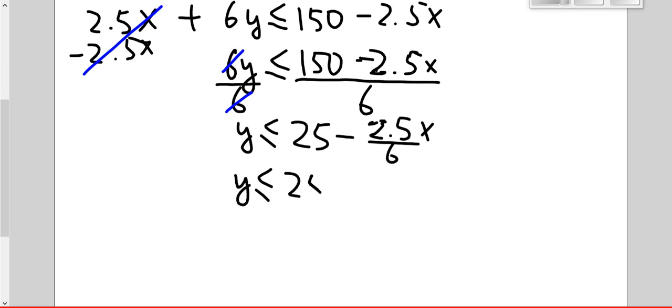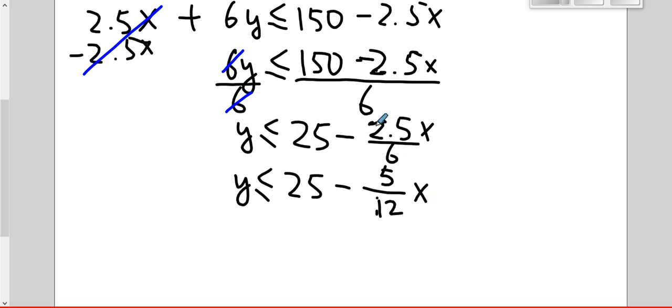Y is less than or equal to 25 minus, so multiply the top and the bottom by 2 so that you can get integers. So multiply the top by 2, that gives you 5, and then multiply the bottom by 2, that gives you 12.